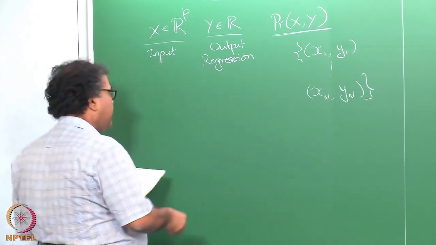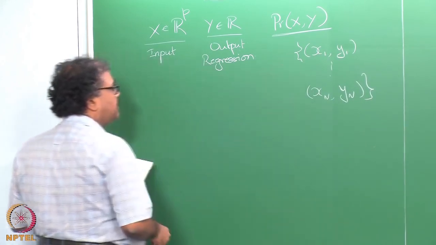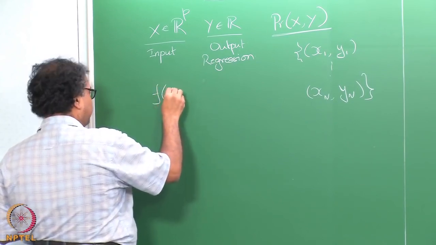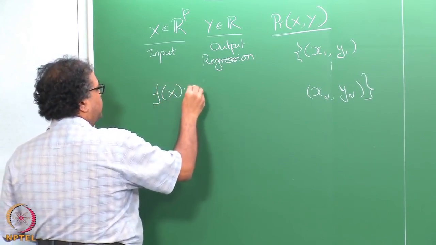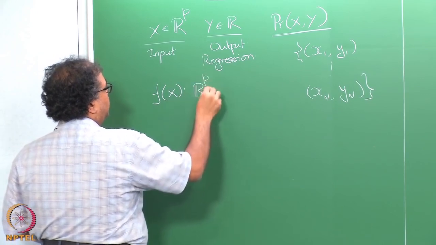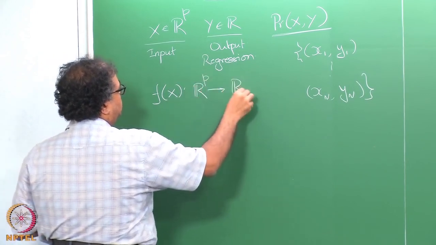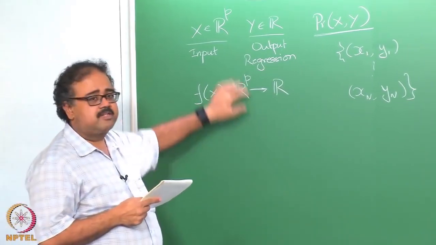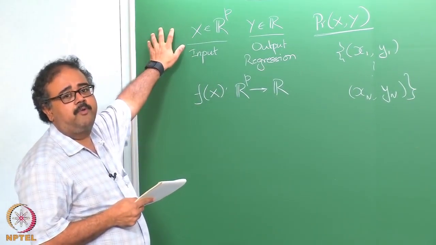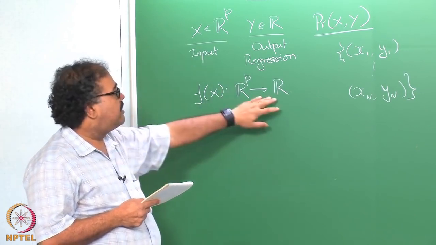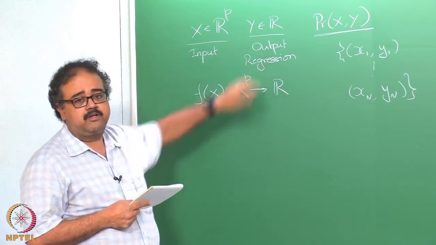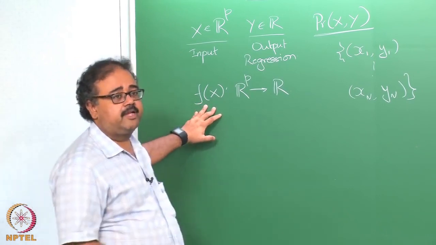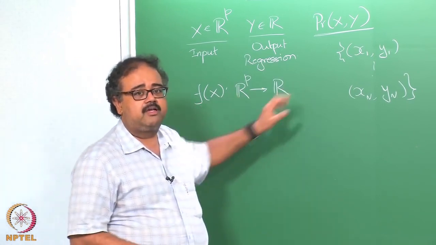So, the goal is, given such a set of training data, to learn a function f of x that goes from the p dimensional space to the real line. The p dimensional space corresponds to a point in the input space, and the real line corresponds to the output space. So the function f is going to take any input that is given to it and produce a number.